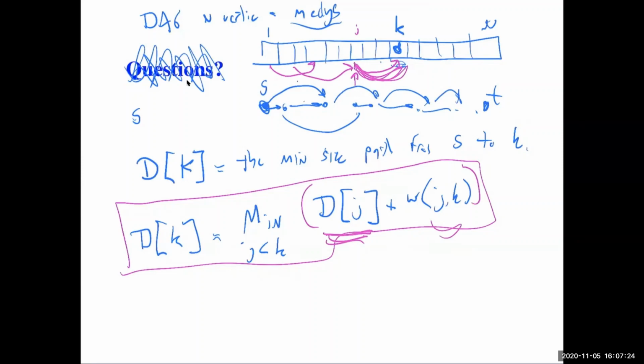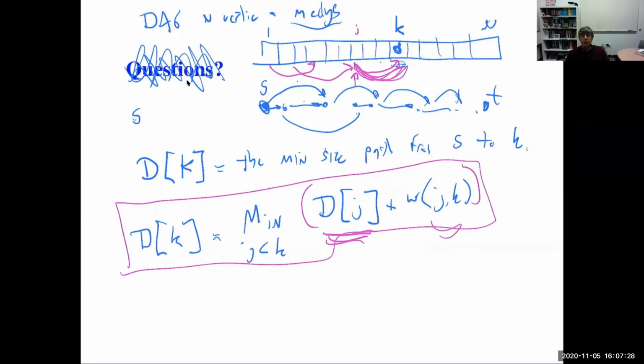If edge JK doesn't exist, should the cost be infinity? Yes, if edge JK doesn't exist, then the cost is infinite. So that's 100% right. Okay. Now, do people see why this has to give us the correct answer?